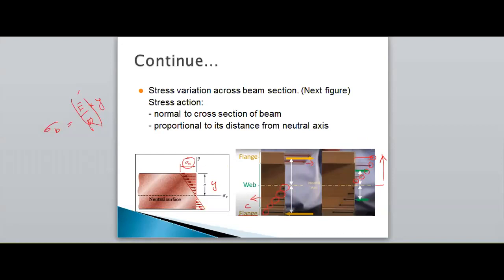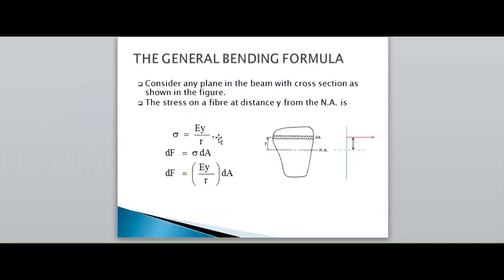Next, second equation. The resisting force in the beam. We will call it the bending formula, and we have derived the cross section. The cross section of the beam may be this type of a lamina, and we are considering only a fiber AB. So this is the neutral axis, and this is the fiber.